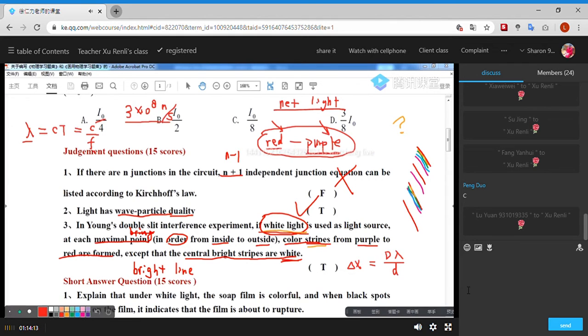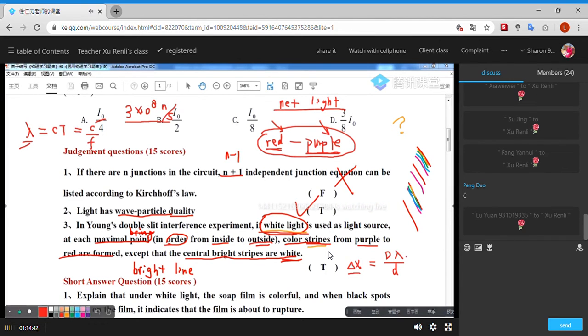Here big D is the distance between the slit and the screen. Different lambda gives different strip spacing. Red light has a larger wavelength, so the strip spacing is also larger. So the red light is always on the outside.